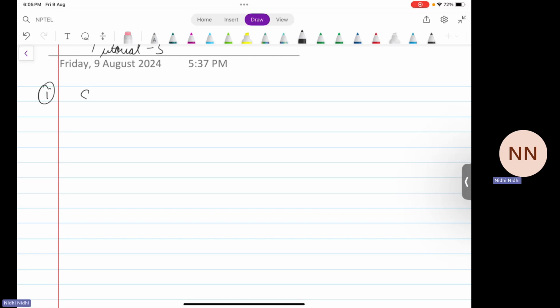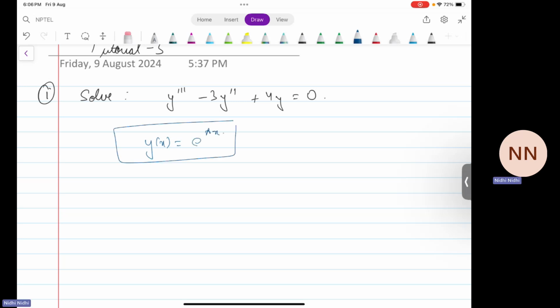First question. Solve y triple dash minus 3y double dash plus 4y equals 0. If you remember, in the last class we had done some similar questions where we took y(x) equal to e to the power of some constant times x as a solution, and using this eventually we got an auxiliary equation, and with the help of the roots of the auxiliary equation, we got the solution.